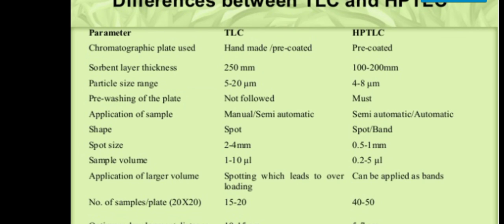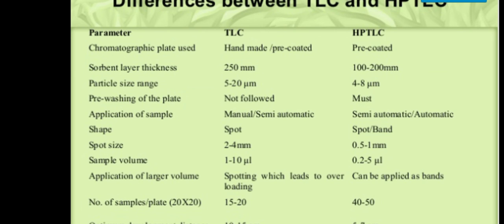Spot size: in TLC we apply the spot using a capillary tube or micropipette, and the spot size will be around 2 to 4 millimeter. In HPTLC, the sample is applied using a sample applicator, an injector device, so the spot size will be 0.5 to 1 millimeter.